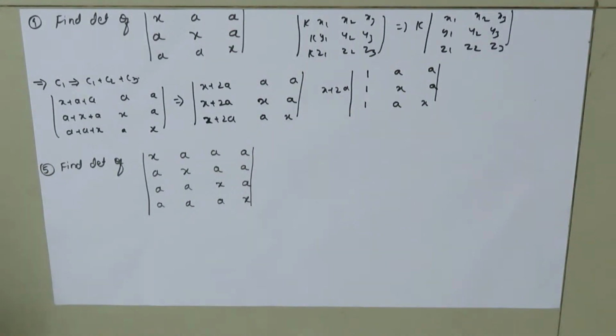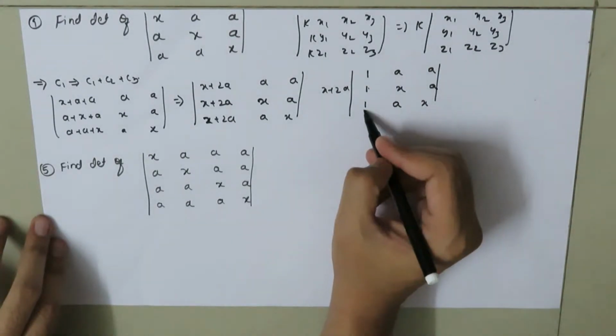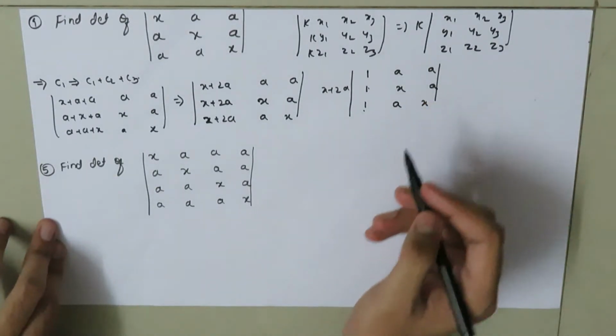And now we need to make these two elements 0 in order to find the value of this determinant.